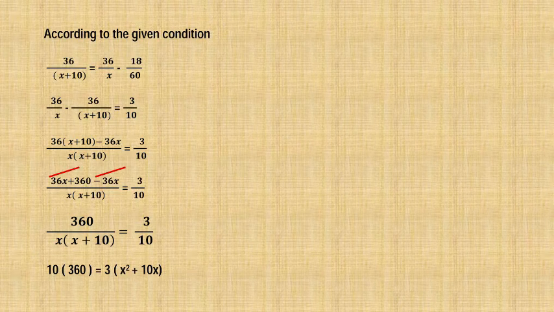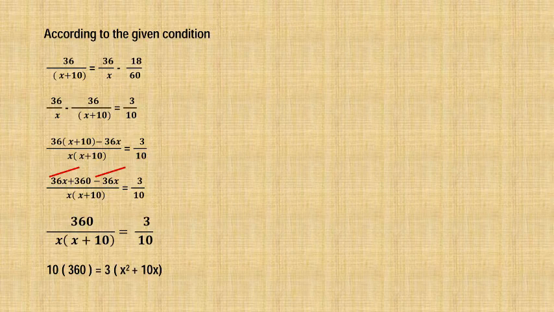Now according to the given condition, what does the condition say? If the speed of a car is increased by 10 kilometer per hour, it takes 18 minutes less to cover the distance. So time taken by car when the speed is increased is represented as 36 by x plus 10.